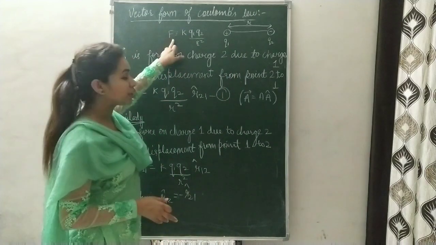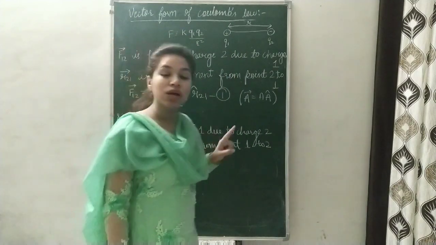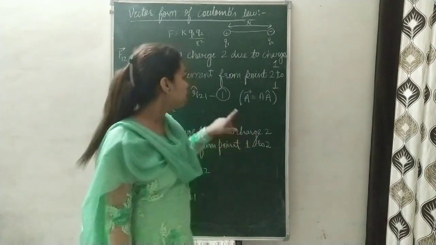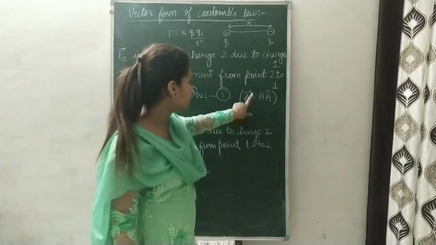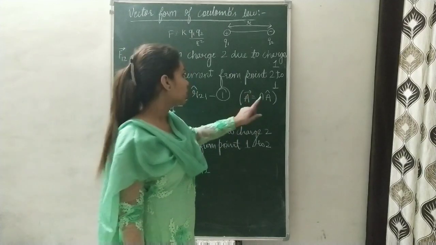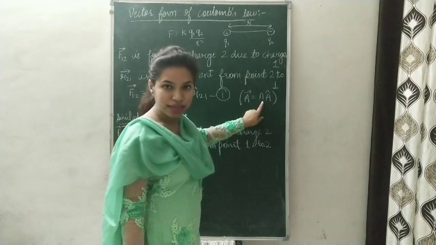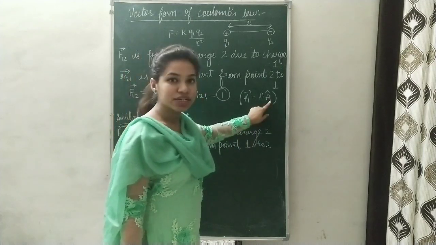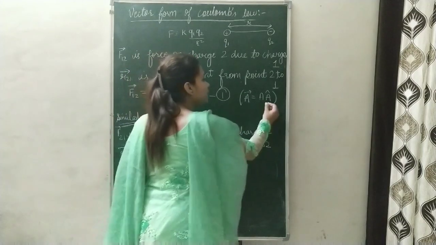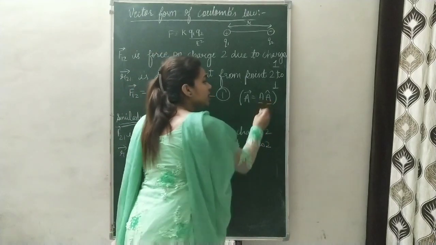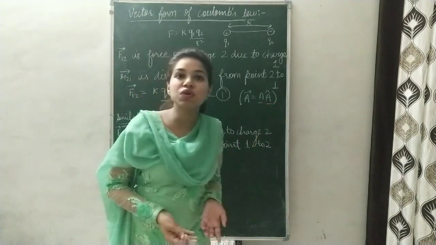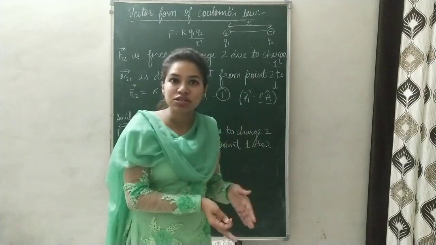Now, the vector form of Coulomb's law first of all comes to the representation of a vector. A vector A is represented by a magnitude, that is A, and a direction, A cap. This A cap gives the direction and this A gives the magnitude. So a vector is magnitude into direction.